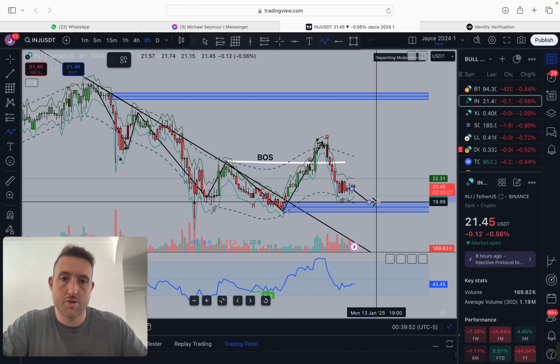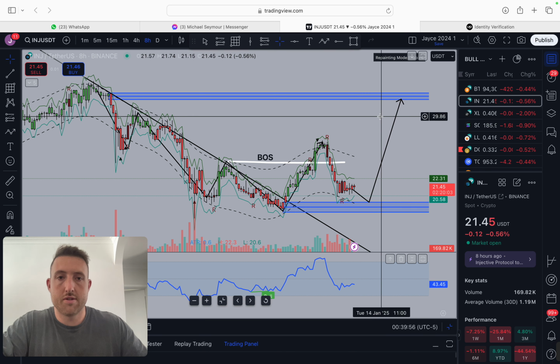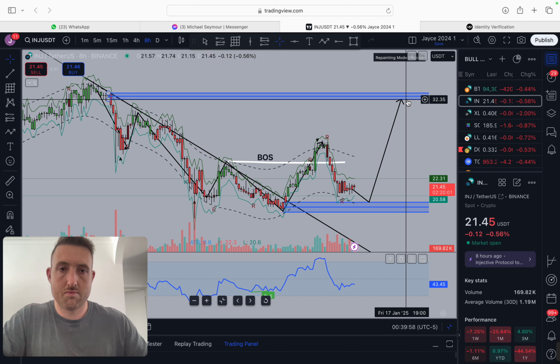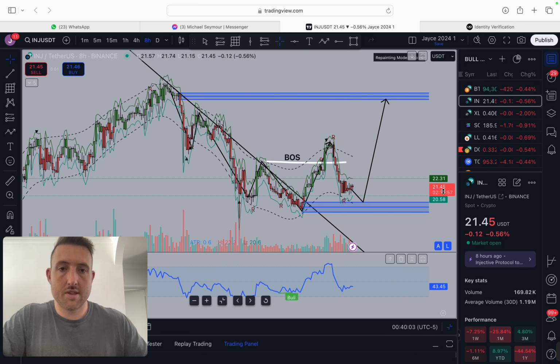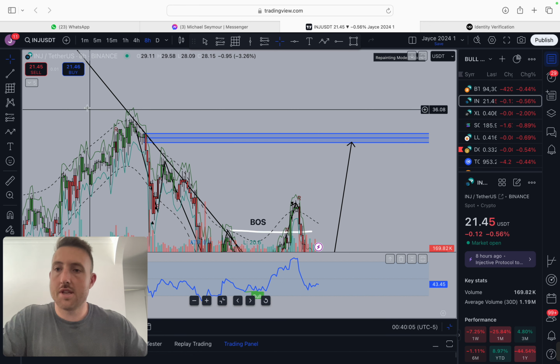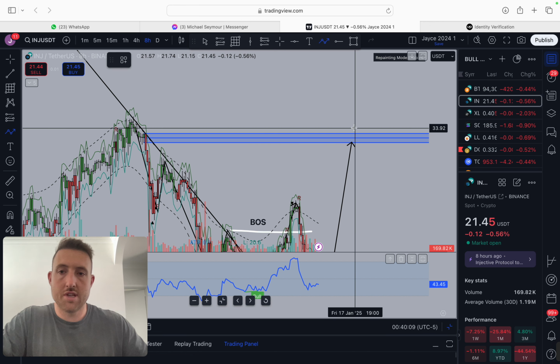I'll try to get into $20 and then sell at 32.29. And then once we break this price here, I'd be offloading my positions here.